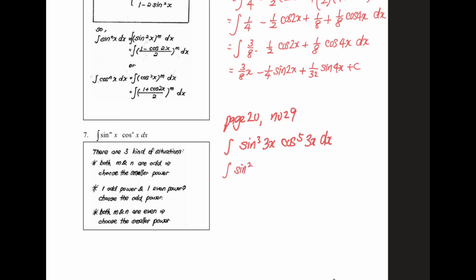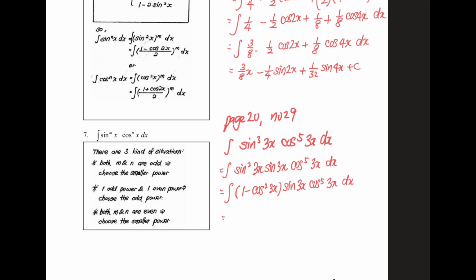So what we need to do is we change it to sine square 3x sine 3x. The odd power which is higher, we retain it. And for the sine square, we use the identity and change it to 1 minus cos square 3x, then sine 3x cos 5 3x dx.